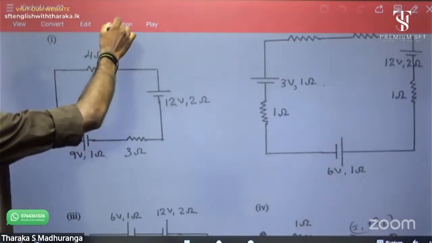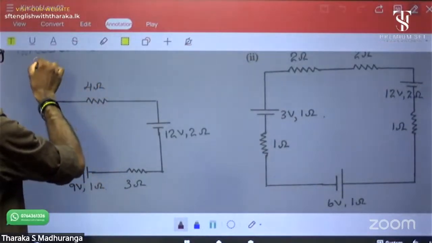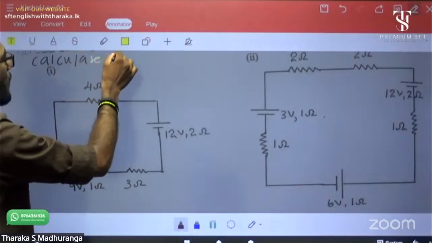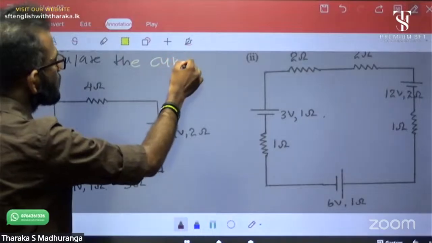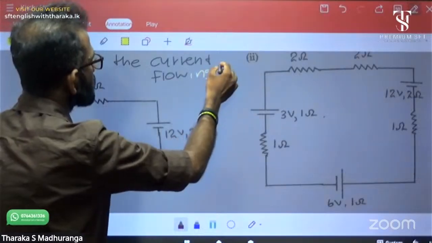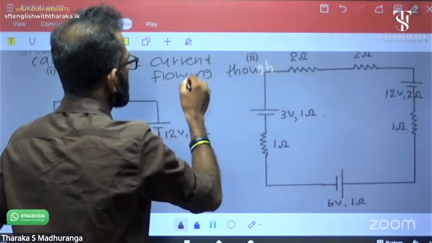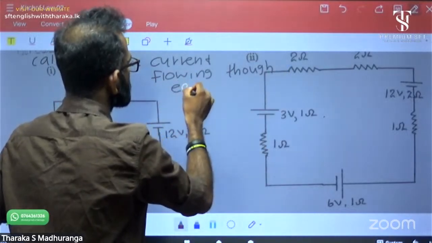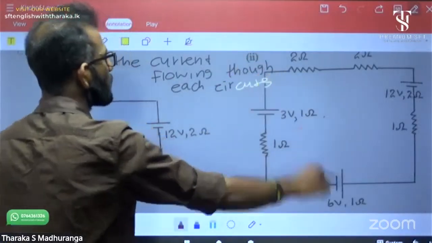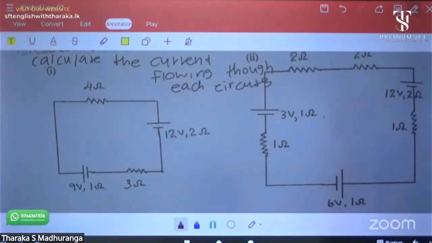Okay, you have to calculate the current flowing through each circuit. Write down the topic: current flowing through each circuit. You have to calculate the current flowing through each and every circuit.